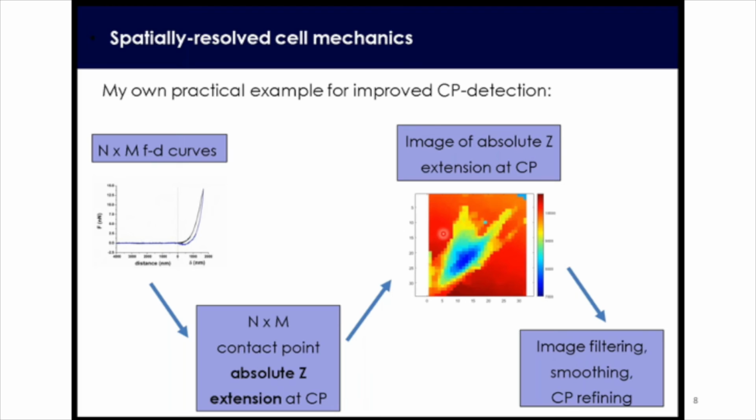So here you can see the information from these tests are actually being used to figure out the Z height of the cell. And then that is used to produce an image, for which then image processing techniques can be used on it.